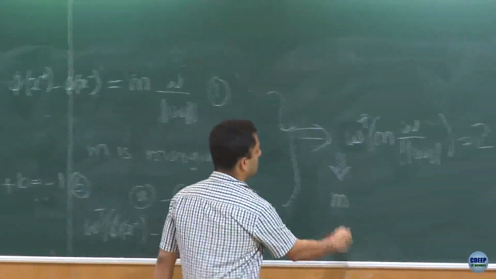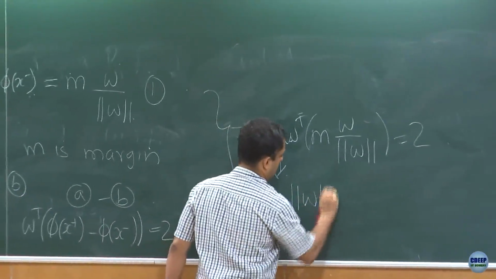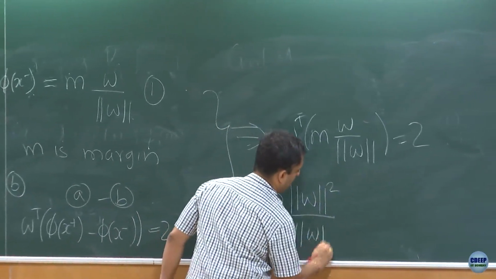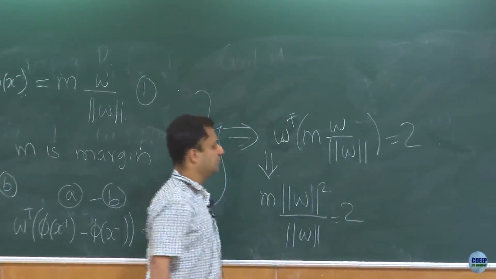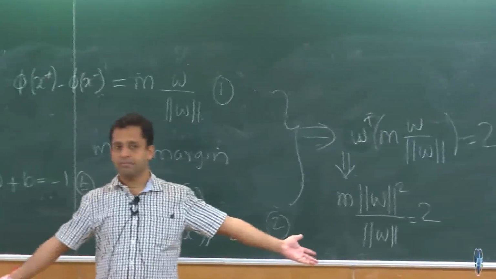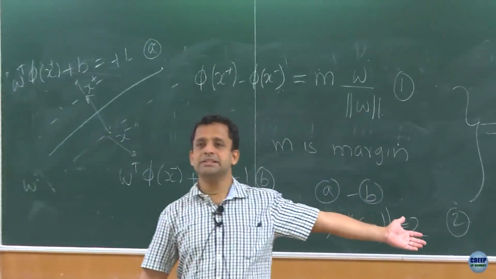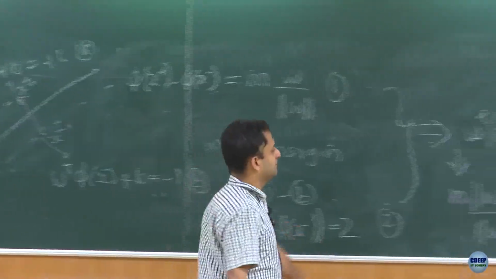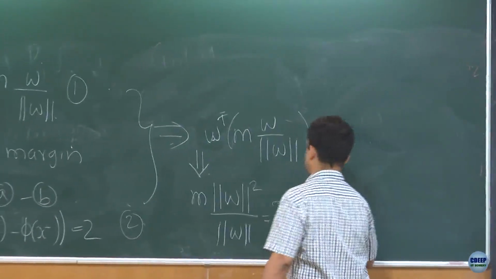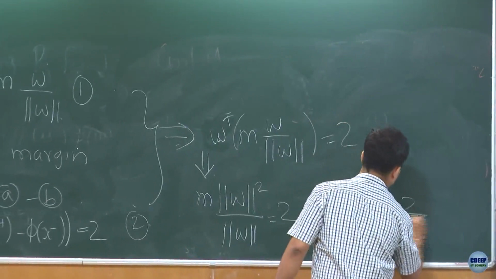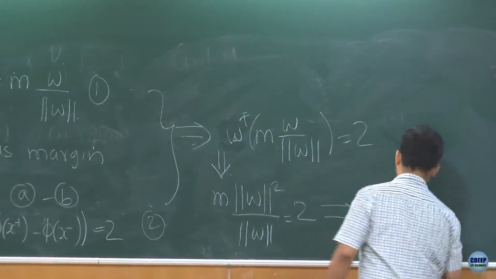Norm W squared, divided by norm W, equals 2. The remaining last step is very simple. It is m equals 2 by norm W.